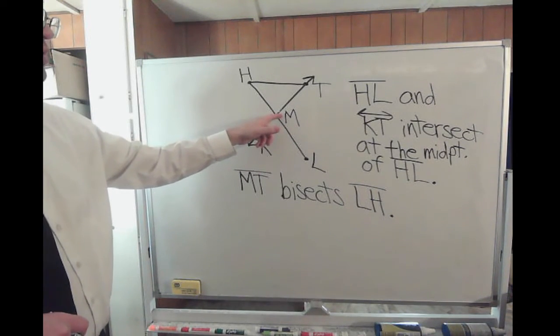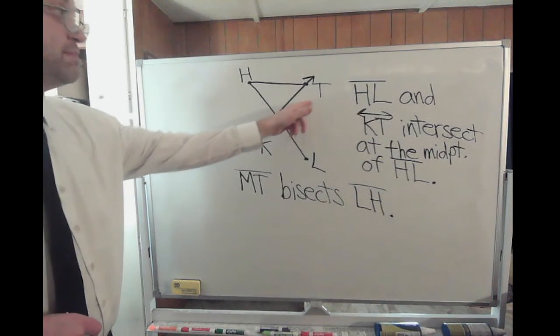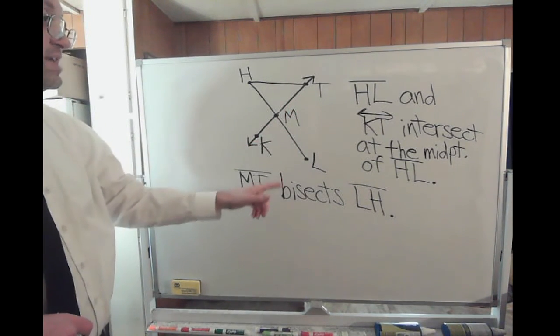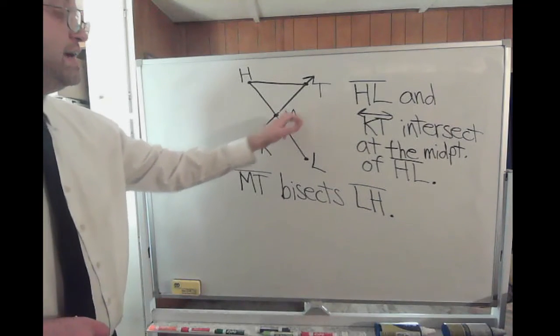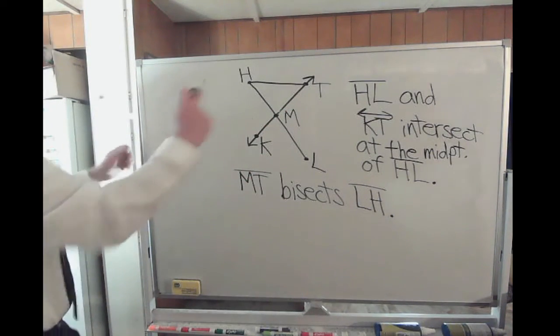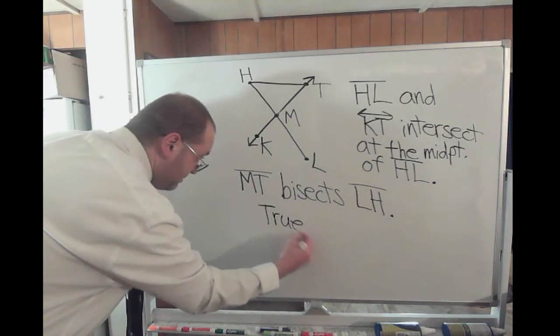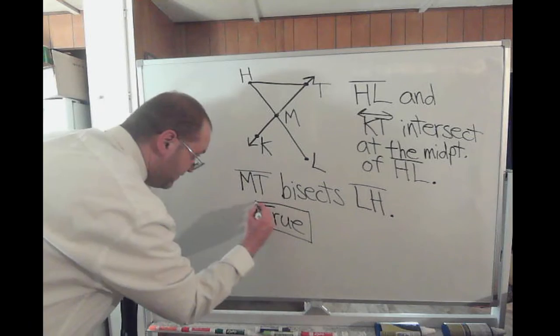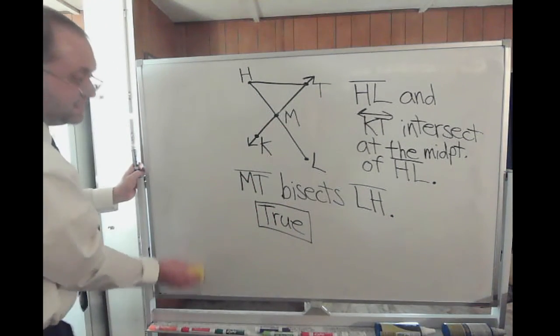M is at the midpoint of HL. Well, this is definitely line segment MT, is it not? M is attached to the midpoint of HL. Line segment MT definitely bisects line segment LH, so judging by the diagram and the statements we're given, this is a very true statement. Line segment MT does bisect line segment HL.